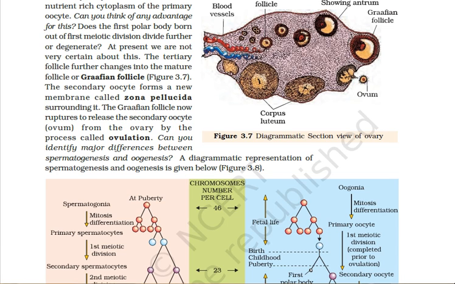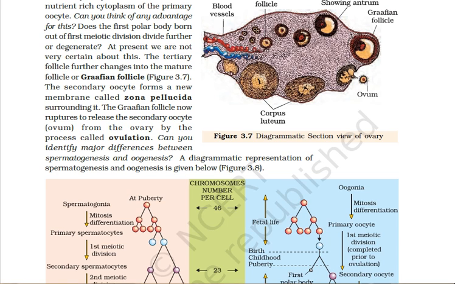So, the Graafian follicle contains the primary oocyte, which undergoes the first meiotic division to form the secondary oocyte, and the follicular granulosal cells further increase in number. Various small cavities containing follicular fluid secreted by granulosal cells merge, and a fluid-filled cavity called the antrum is formed.